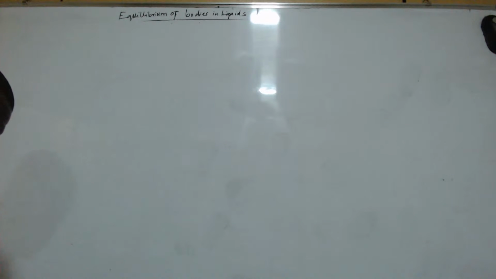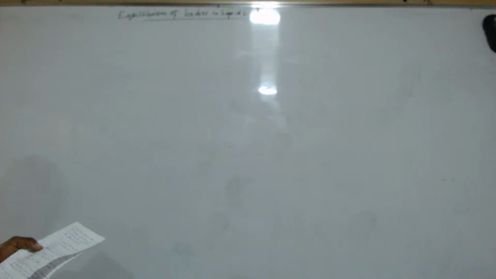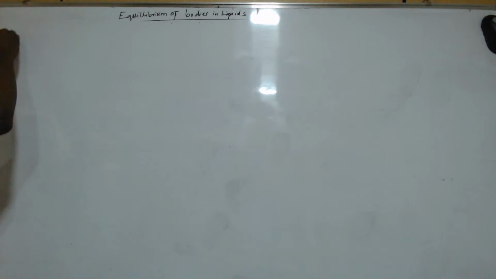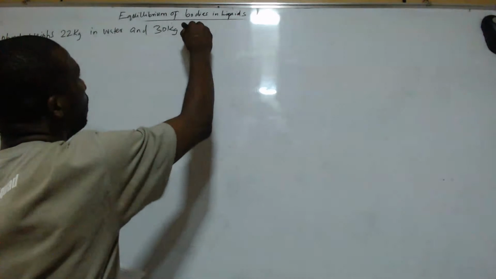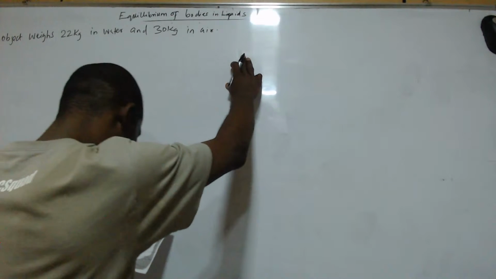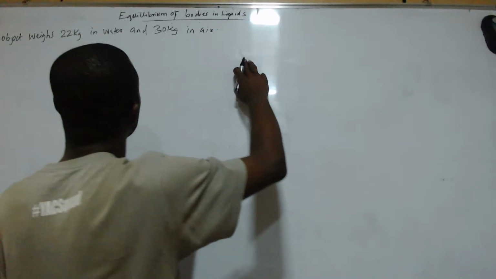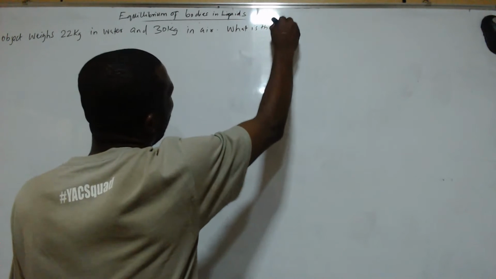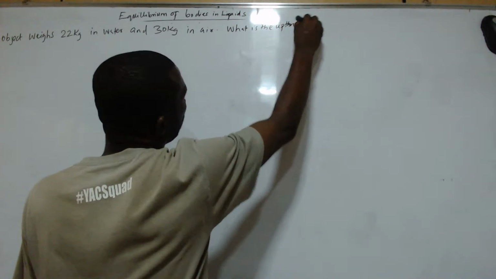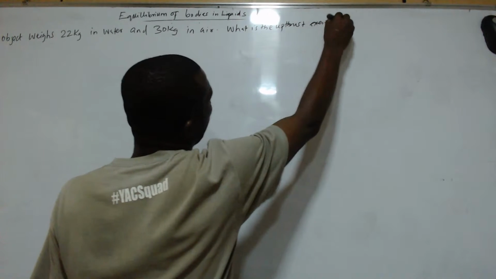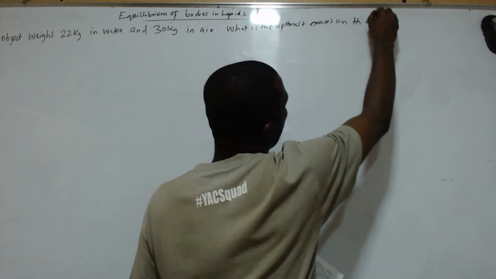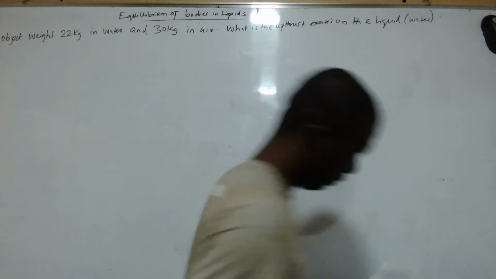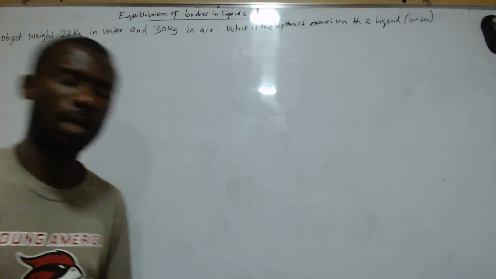We have another question that says, an object weighs this in air and this in water. What is the upthrust exerted on the liquid? And that liquid is water. So that's another JAMB question.